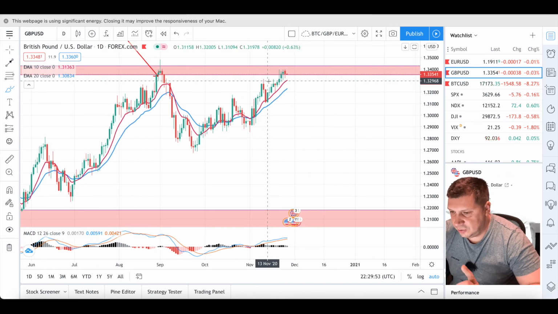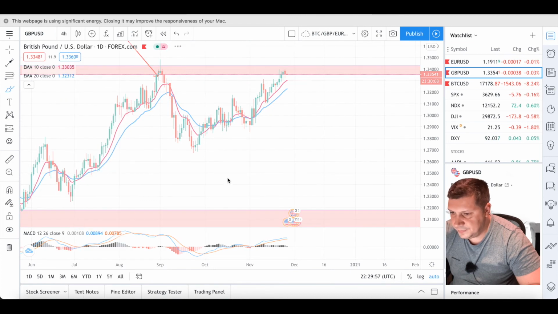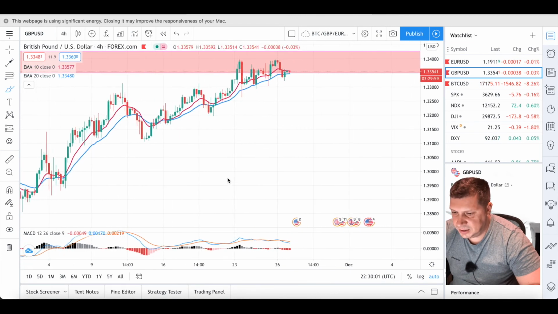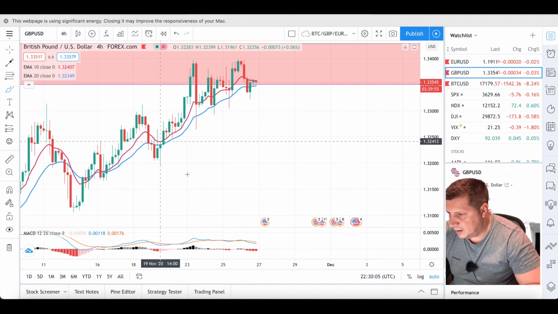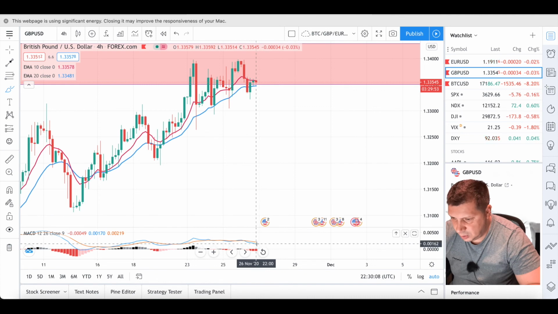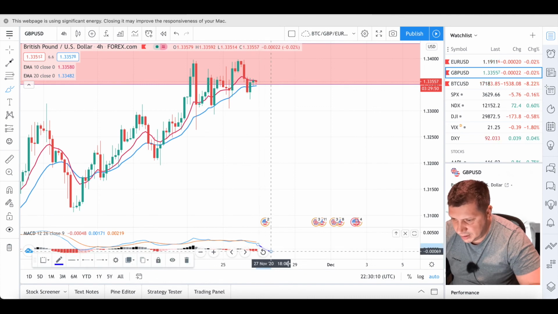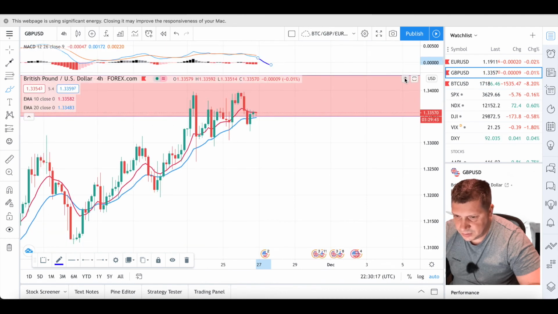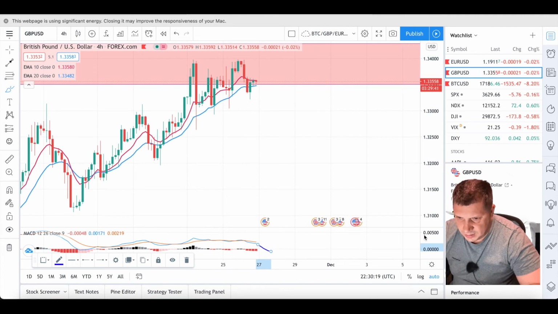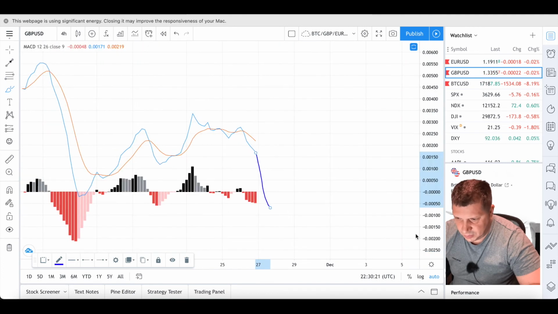So for the sale, again, we have to go to 4 hour and wait until we see MACD going down right here below zero. Sorry, let me open it like this. So it has to hit zero right here, right?